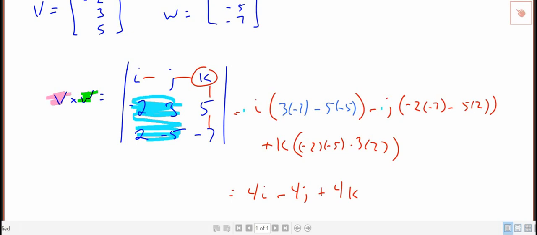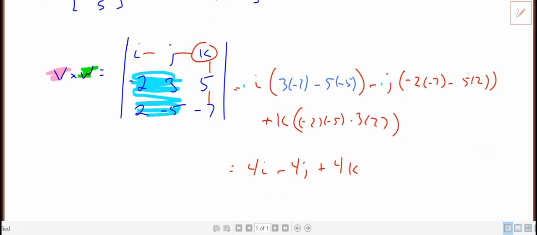That's just odd that they're all 4s. I'm trying to make sure: 14 minus 10, yeah, and 10 minus 6 would be 4. So the cross product is 4, -4, 4.